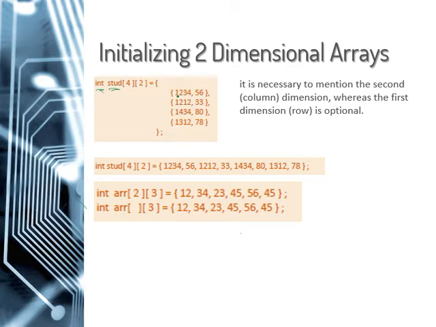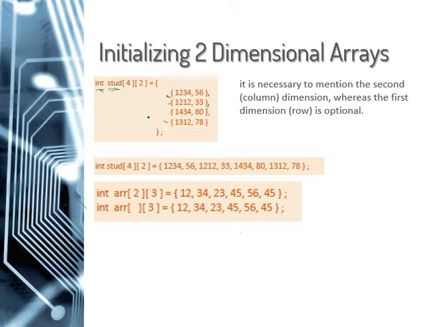Each of your rows can be grouped inside curly braces, and then each of these rows can be separated using a comma. Okay?